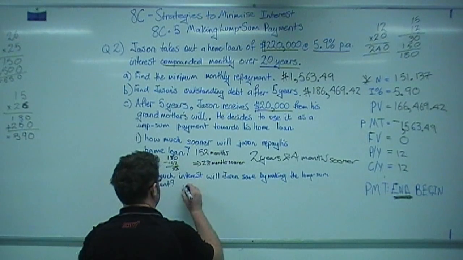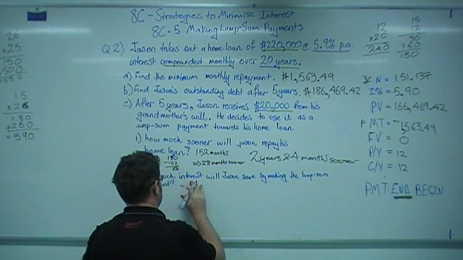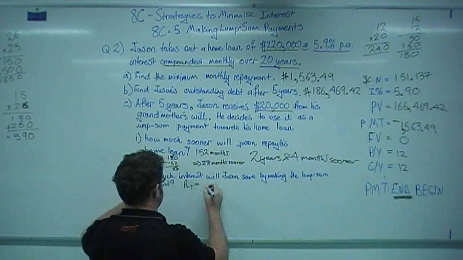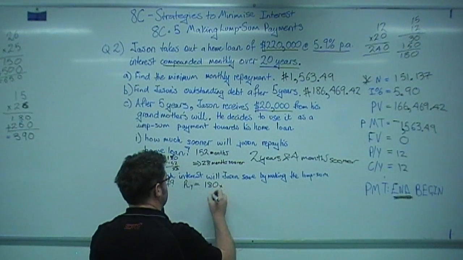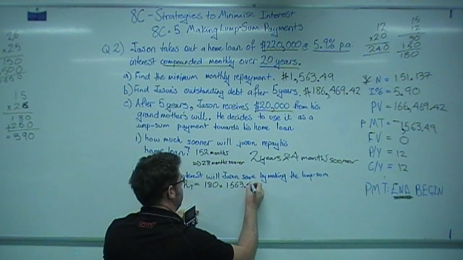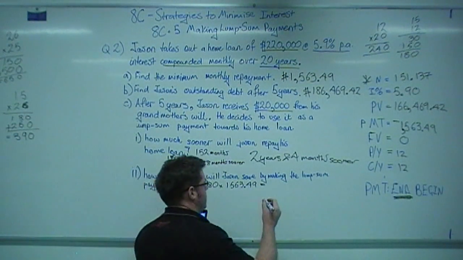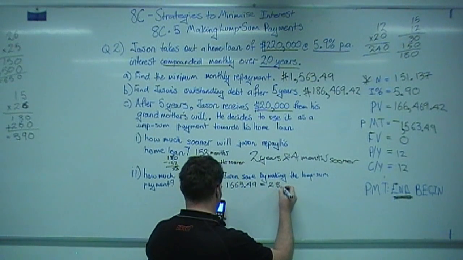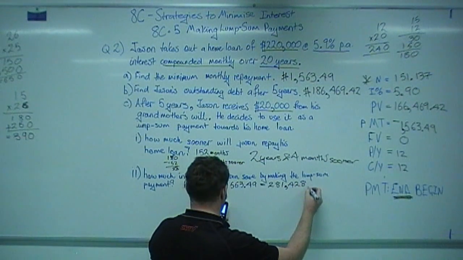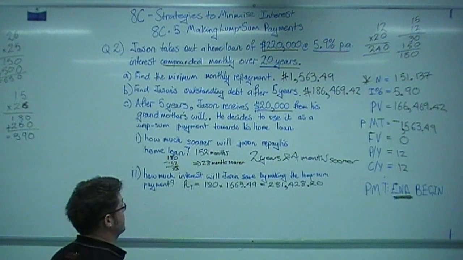So the repayment total would equal, in this instance, 180 multiplied by the total payments, 1563.49, which equals $281,428.20. So that's the repayment total that he would have done initially.